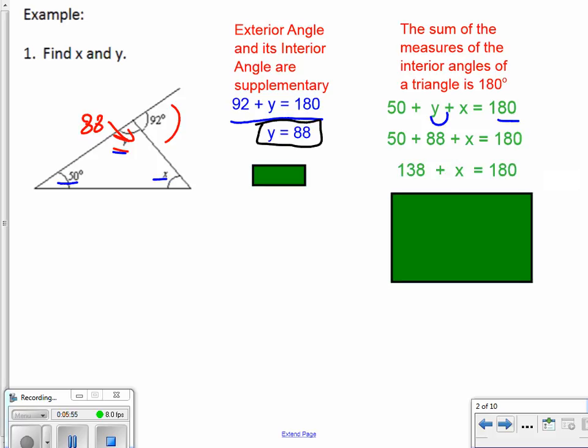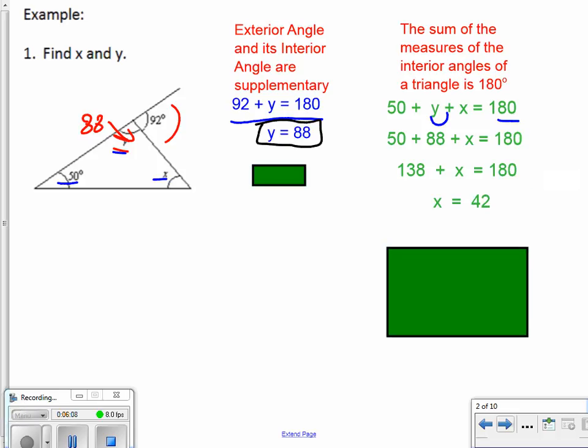Simplify that even more. 50 plus 88 is 138 plus x equals 180. Subtract that 138 from both sides, and I would just have x equals 42. So I've solved for x and I solved for y using that exterior angle out here, 92 degrees.